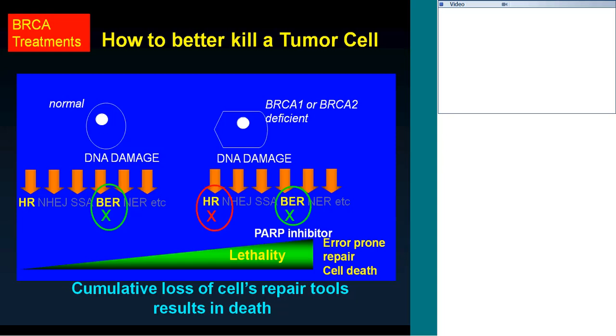And this is a good example of where we're trying to ultimately move with personalized medicine. Can we figure out whether there are certain drugs that work better in certain individuals because of their genetic mutations? And again, while this picture is a little complicated, it's trying to illustrate one example of personalized medicine that has already shown great promise in ovarian cancer by exploiting the cumulative loss of the cell's repair tools.